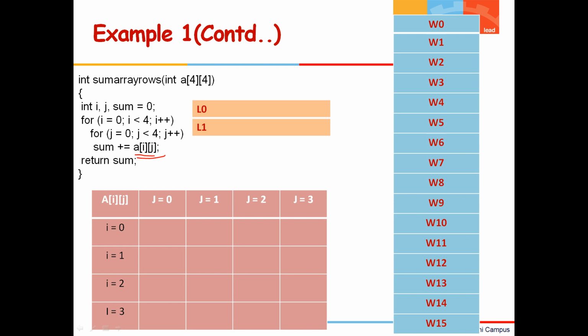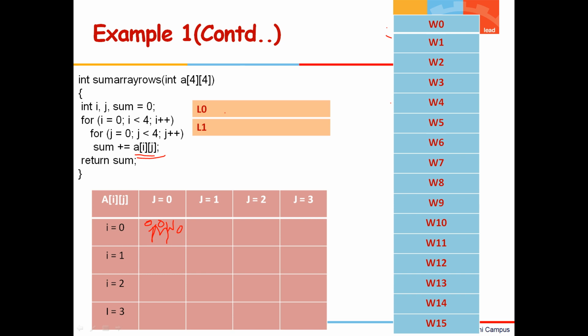The first element which is going to be searched for is 0,0. So what will come here? W0 will come here: W0, W1, W2, W3. Is it going to be a hit or a miss? It is not there in the cache, so it will be a miss. Now we have W0 loaded here.